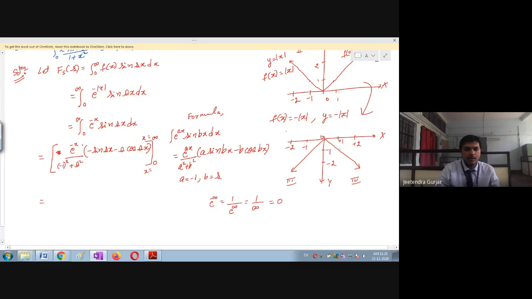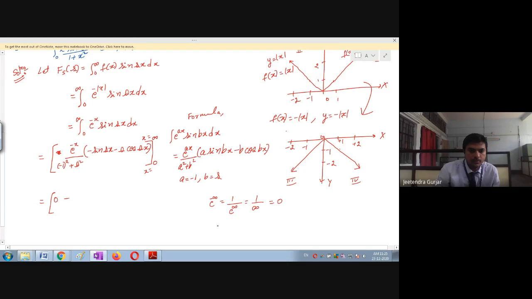The part x is equal to infinity will be 0. So I'll substitute here 0. Okay, next minus. Now I have to substitute x is equal to 0.